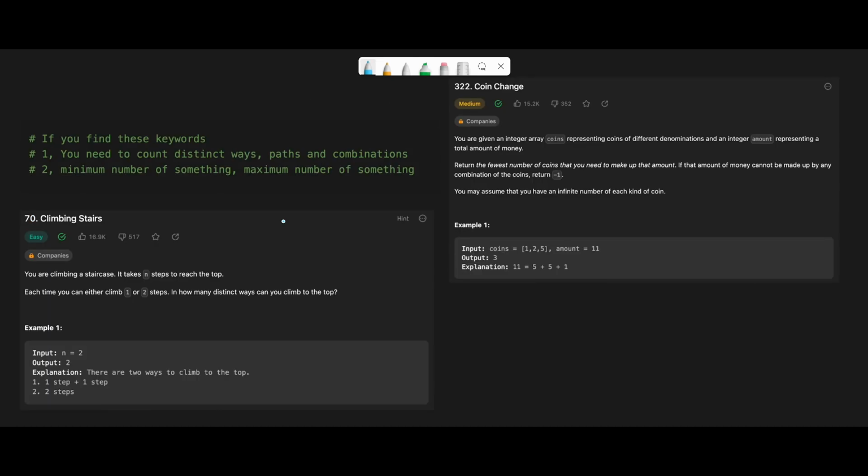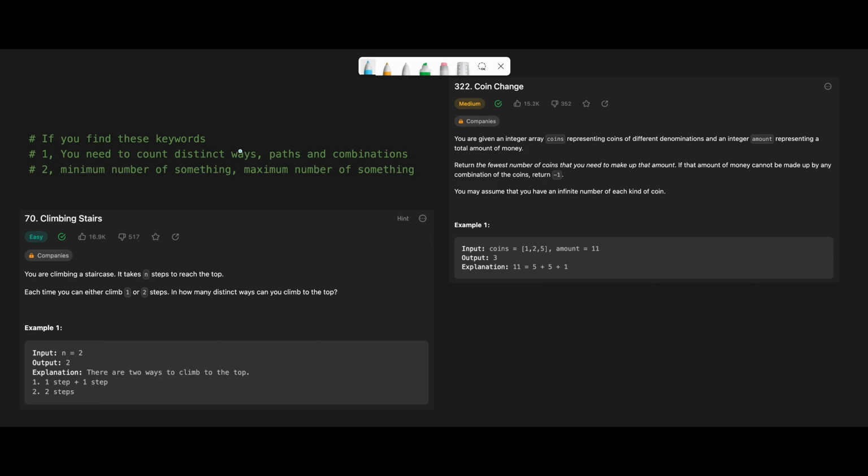Okay, so let's talk about how I realized that I can solve this question with dynamic programming. In my opinion, there are hint keywords for dynamic programming. If you find these keywords, there is a possibility that you can apply dynamic programming to the question.